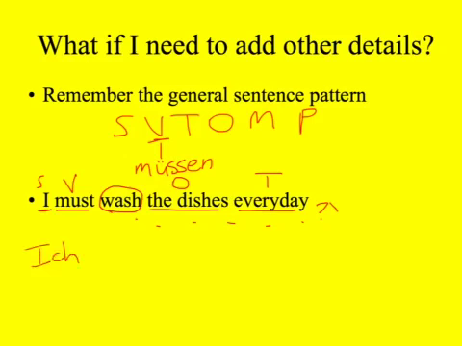So what we end up with is ich. You know now that the ich form of müssen is muss. Our time comes next. SVT for time. Jeden Tag. Now, if you didn't already know from the verb that the dishes were included, we would need to say the dishes.